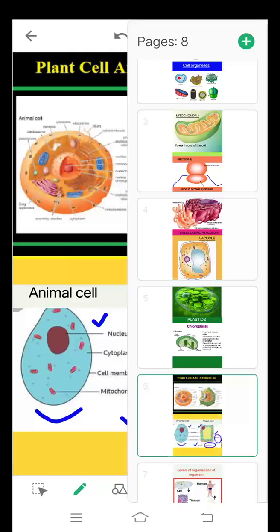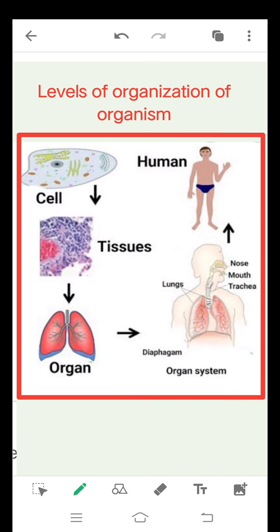Now the last topic of the chapter is levels of organization of organisms. Here, in the case of unicellular organisms, the organism is made up of only one cell. So there are no levels of organization, because that one cell is capable enough to carry out all the life processes.